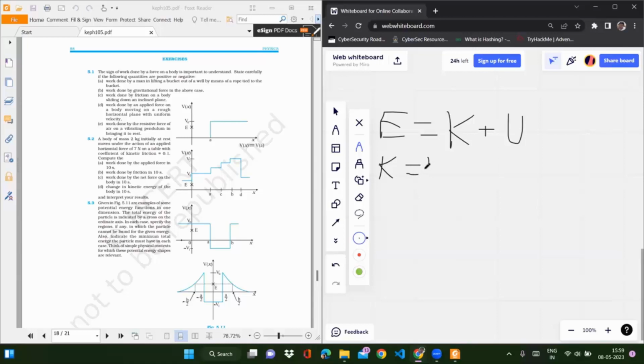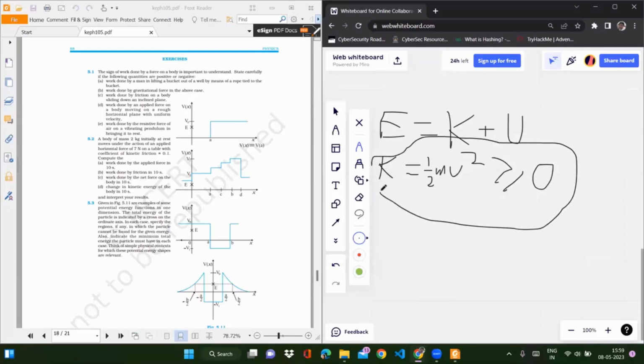K equals half m v square, which will always be greater than or equal to 0. So this is actually the main condition in this question, that K is greater than or equal to 0, for checking in which regions the particle can exist and which regions it cannot exist.